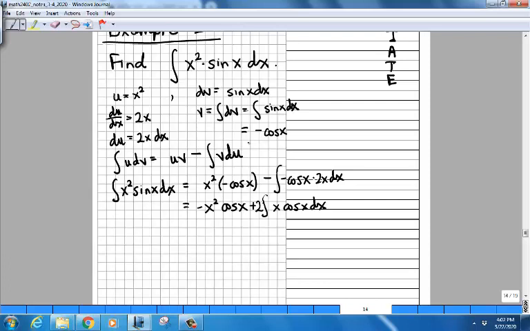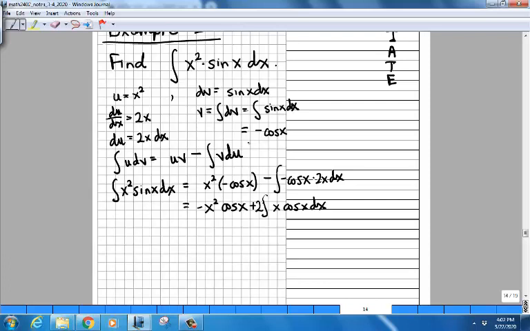This is called iterated integration by parts, where you use integration by parts twice in the same problem. But the process is exactly the same as before, so we're just going to carry it out a second time. Again, I'm trying to find the antiderivative now of x times the cosine of x.